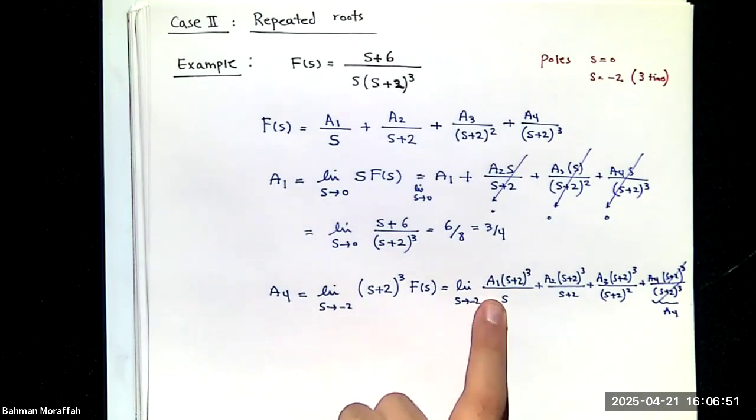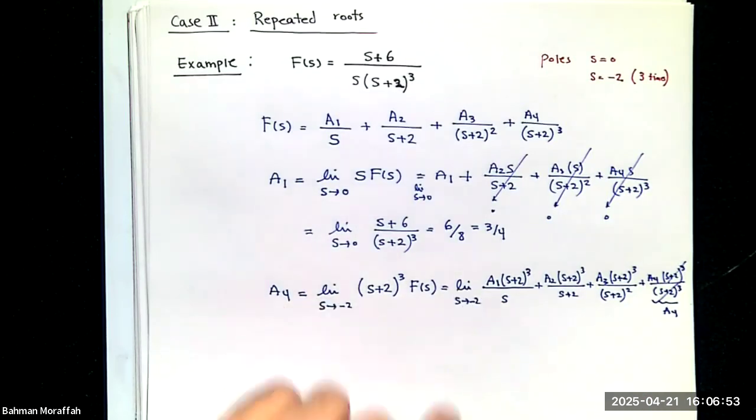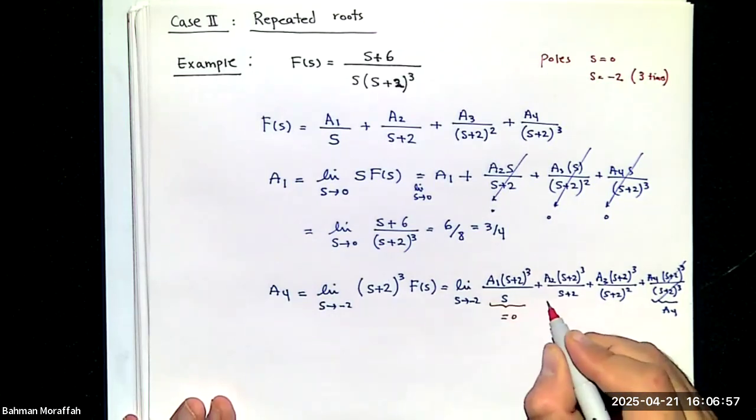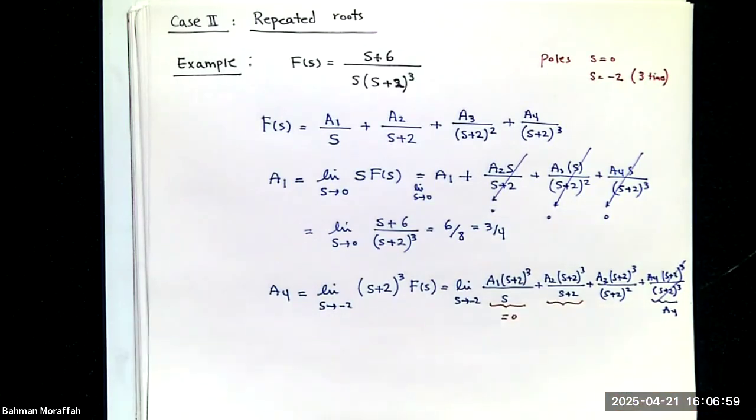If I find the limit when s goes to -2, this is 0. This is also 0, because this cube cancels this, so I'm going to have s plus 2 squared. When s goes to -2, this portion is 0. Same thing for this third term.